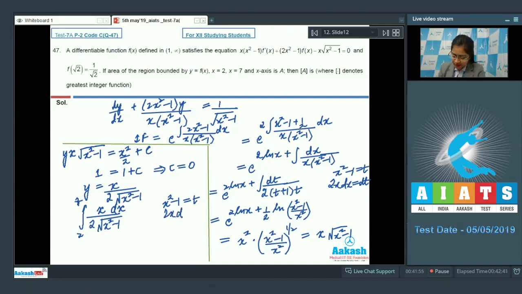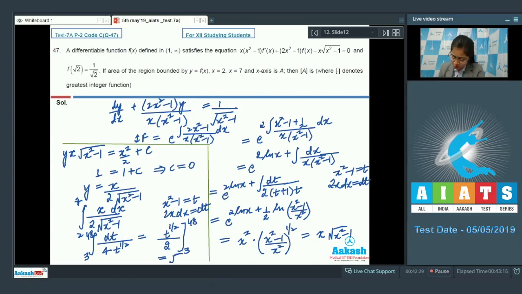So we will get 2x dx equal to dt, and the integral will go from 3 up till 48, dt upon 4, and it will be t raised to the power 1 by 2. So this is equal to t raised to the power 1 by 2 divided by 2, and it will go from 3 up till 48.